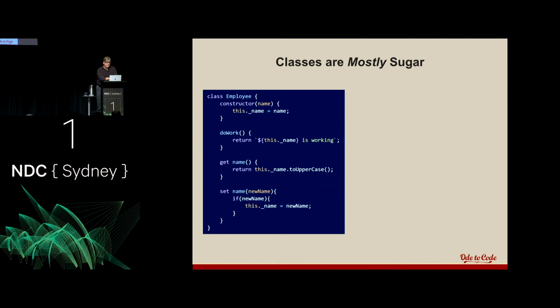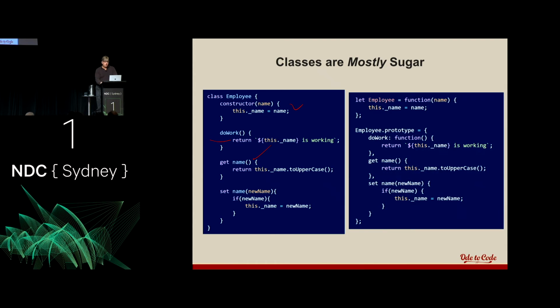In other words, if I define a class with a constructor and it has some methods like do work and it has a property like get and set name, behind the scenes, all that really is doing is just what we used to do, which is let me define a constructor function and then let me modify the prototype object of that constructor function and add some members to it, because every object that is instantiated from that constructor function will have its magic prototype reference point to that prototype object. Therefore, every object that is instantiated from this constructor function will have a do work method and a name property that has a getter and setter.